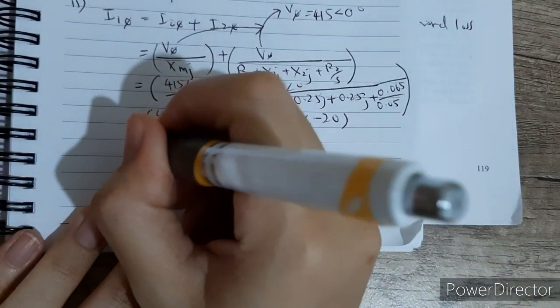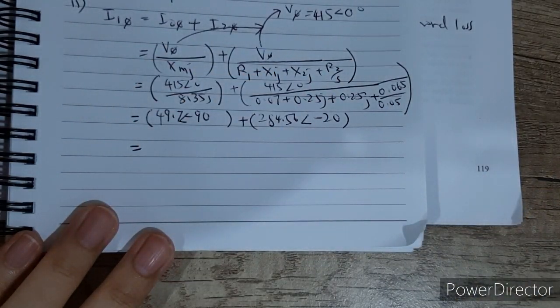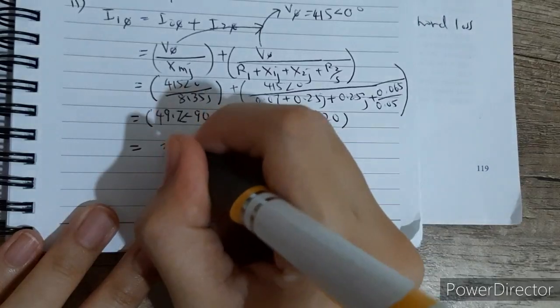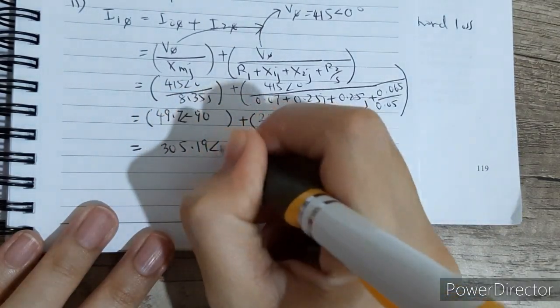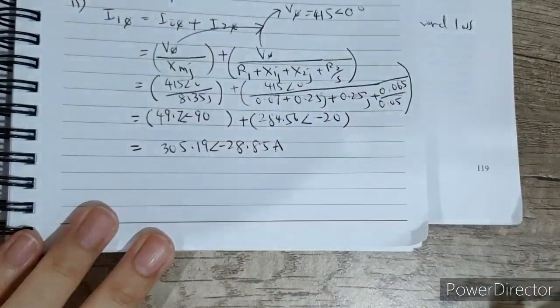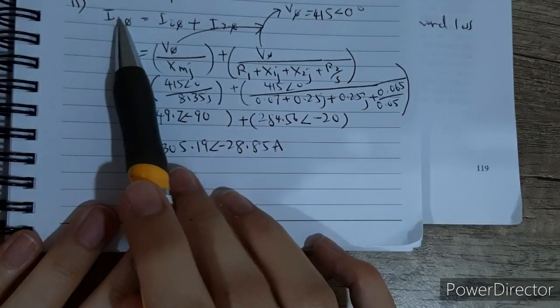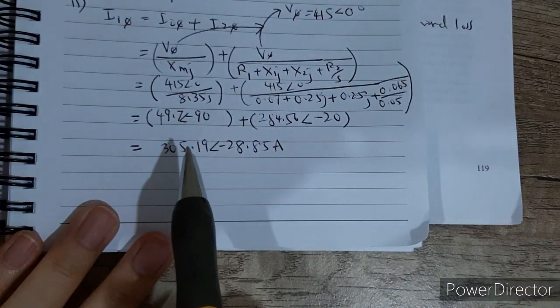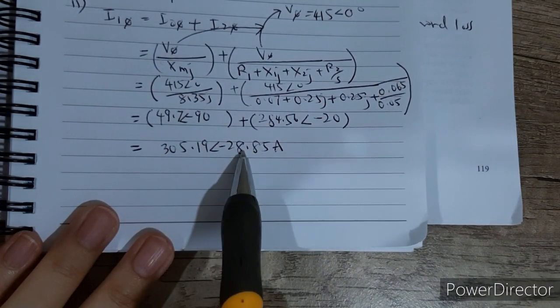And lastly, you get your I1 phase as 305.19 angle negative 28.85 ampere. So that is your I1 phase, the magnitude with the angle.